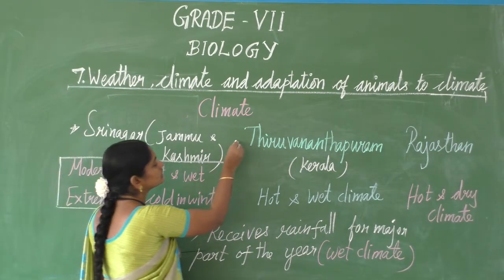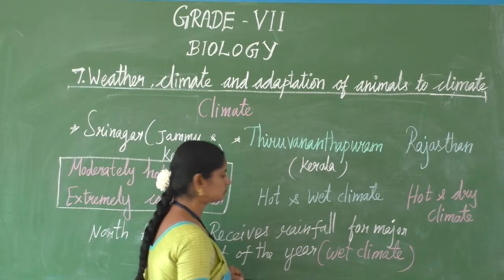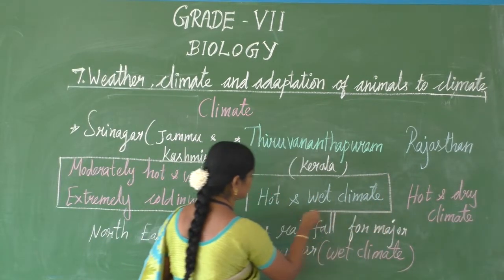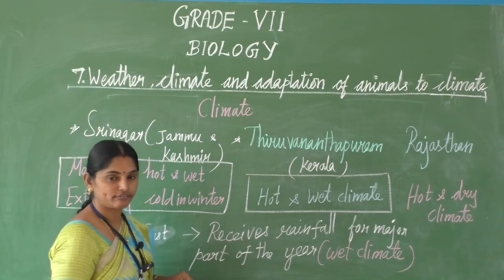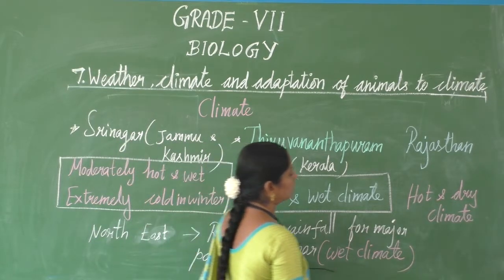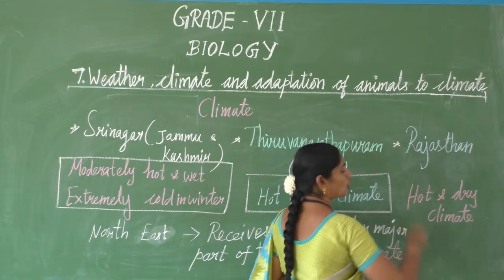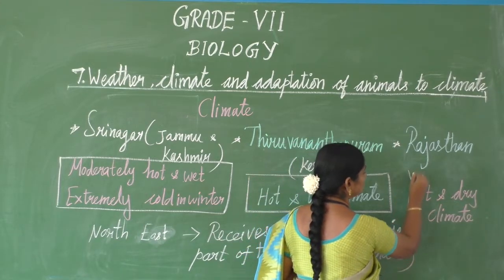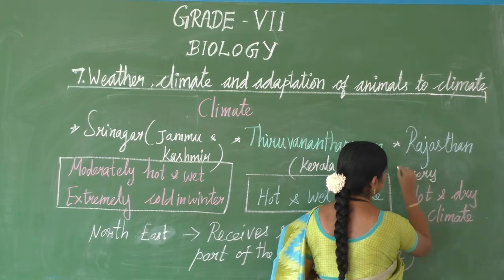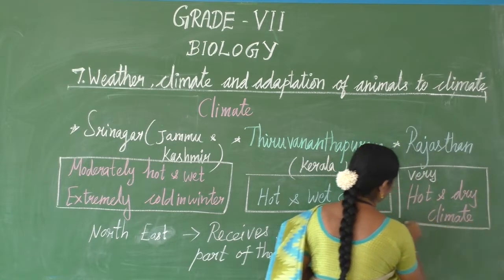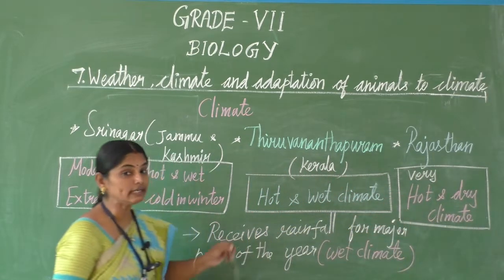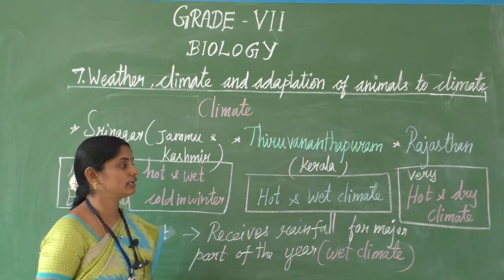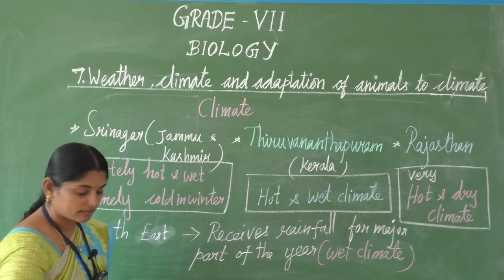And if you take Thiruvananthapuram, hot and wet climate. And if we go to the north side, Rajasthan, it's very hot and dry climate, desert and all there. So very hot and dry climate.